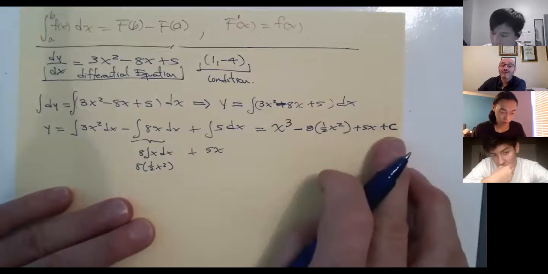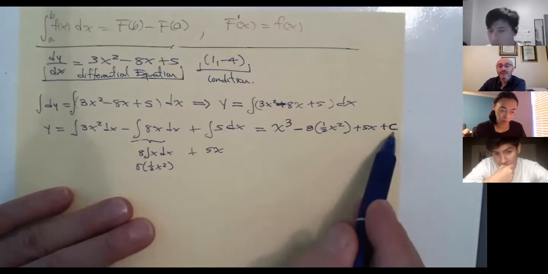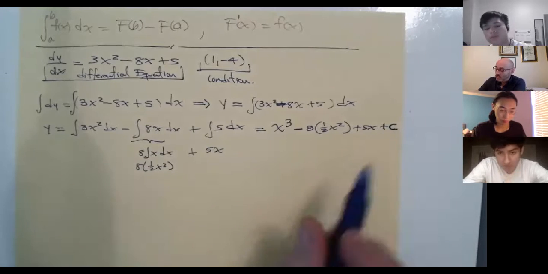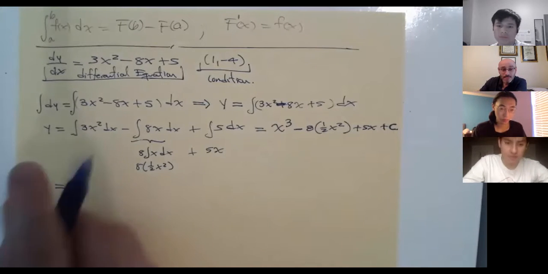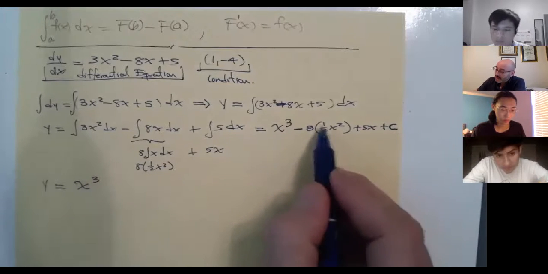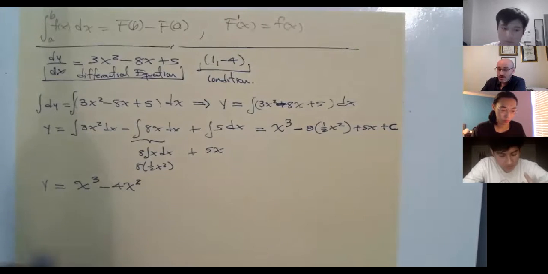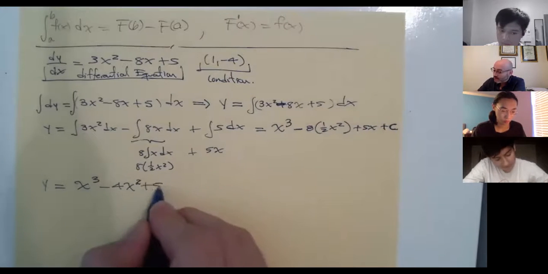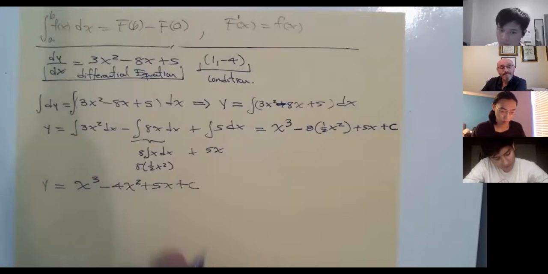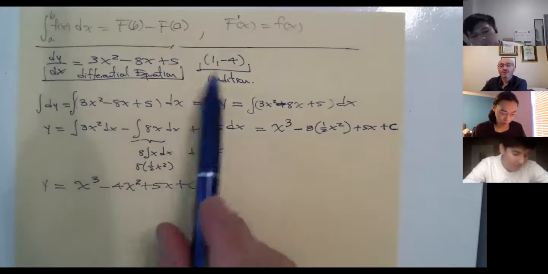We don't know that constant yet, but we're going to use that condition to find what that constant is. So up to now, y will be x cubed, 8 times 1/2 is negative 4x squared, plus 5x plus c. Up to there.